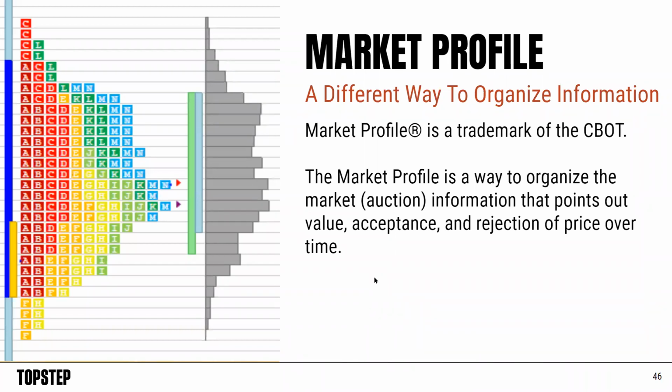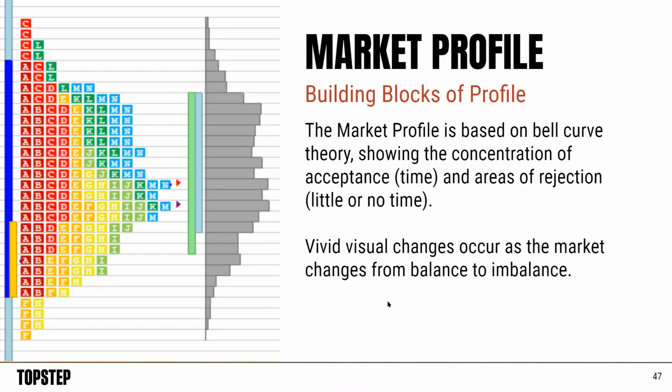It's just, again, a different way to organize the information that the market is providing for us in real time. It points out value and acceptance over time and rejection of price over time.